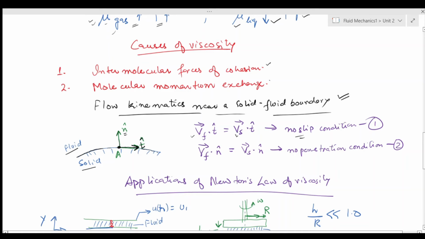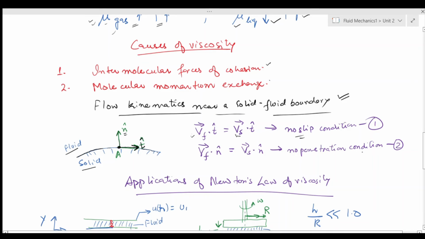So Vf, the velocity of fluid, dot t, meaning the component of velocity of fluid along the tangential direction at the boundary, would be equal to Vs, velocity of solid, dot t. It means simply that at the solid fluid boundary, the velocity of fluid and the solid would be the same.